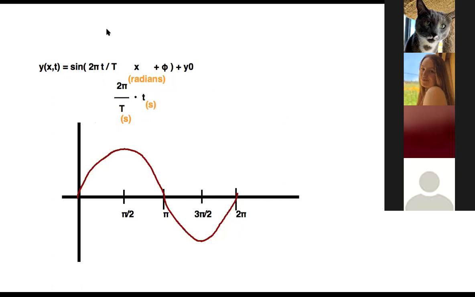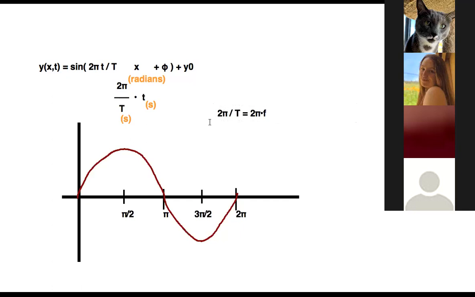And by the way, another way you can write that, 2 pi over period, what's the same thing as dividing by period? Multiplying by frequency. Yeah, 2 pi divided by period is the same as 2 pi times the frequency, because frequency and period are just inverses of each other.